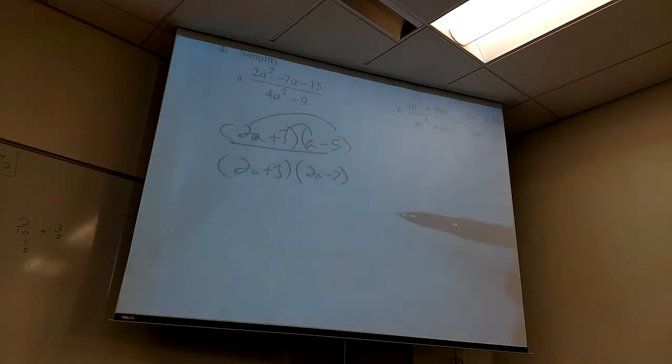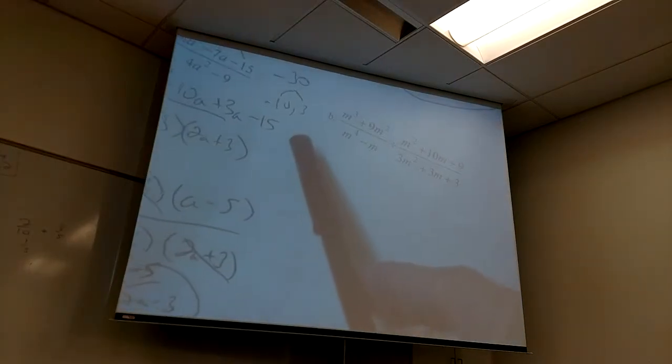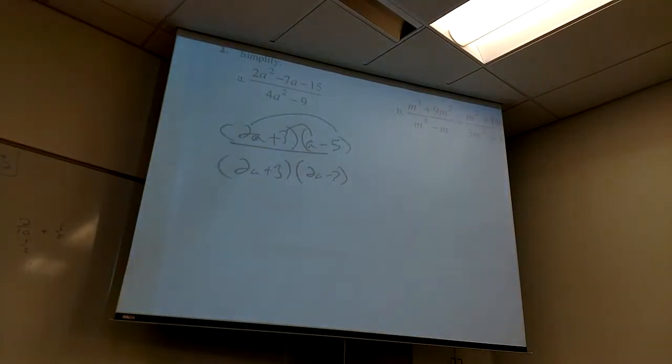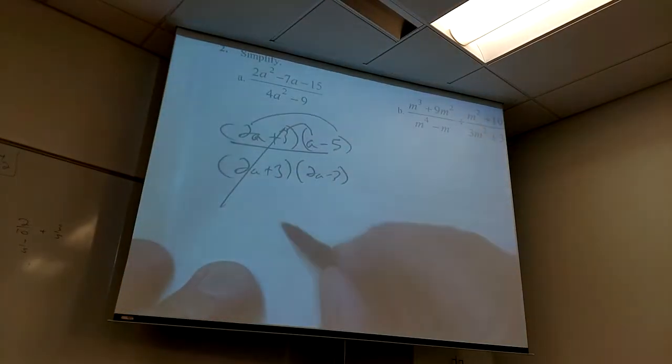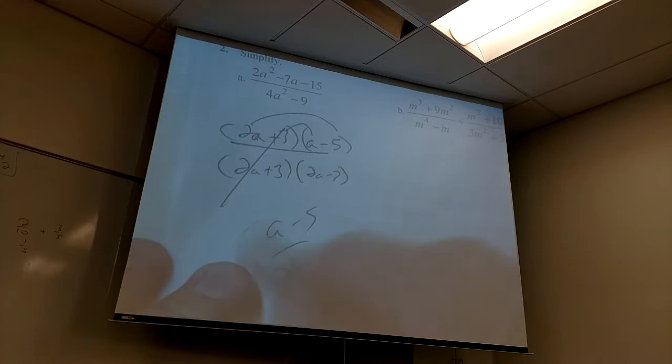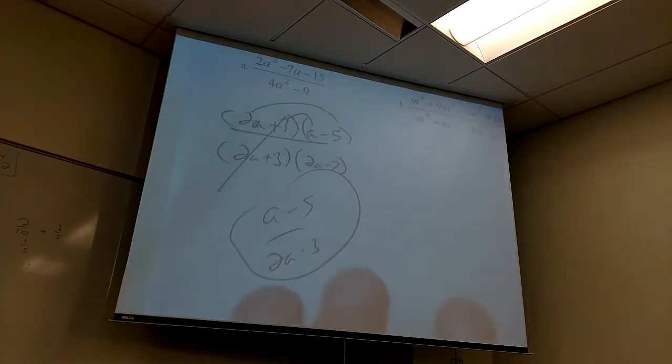But the shortcut actually sometimes comes in real handy. There was a problem somebody was asking about where it's remarkably disgusting to do it this way, and it's easy to use the clue. So then you still get a minus 5 over 2a minus 3. Use the hint or not.